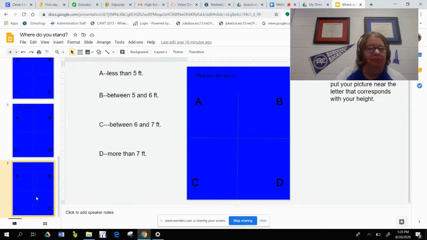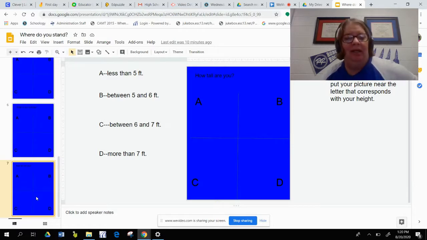We're going to see. Okay, how tall are you? Less than 5, between 5 and 6, between 6 and 7, more than 7. Okay? Typically, we don't have anybody standing by the D. Probably when I get all these assignments, I won't have any pictures by D, more than 7 feet. I might. I don't know my students yet.